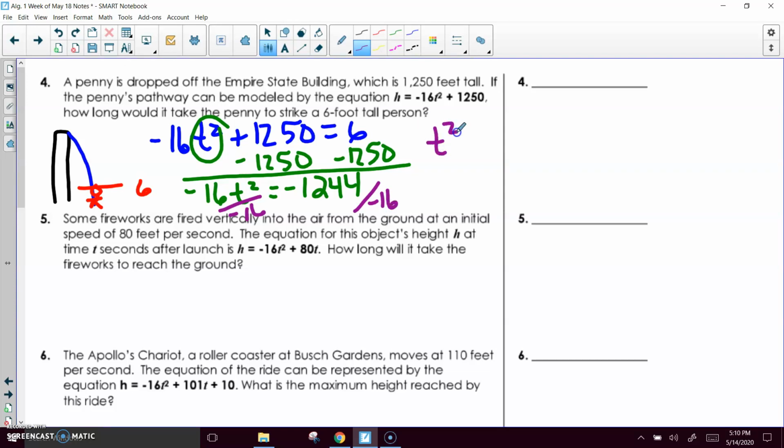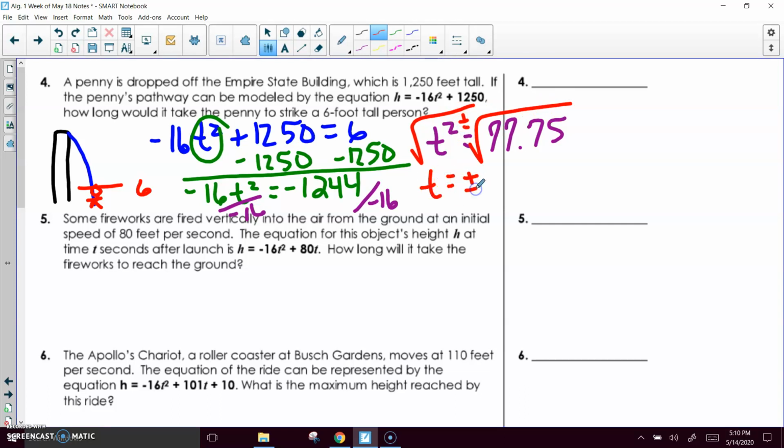So I have t squared equals 77.75. We got that after we typed in negative 1244 divided by negative 16 in our calculator. So if t squared equals 77.75, to get the t by itself, we square root both sides, being sure to include the positive or the negative.